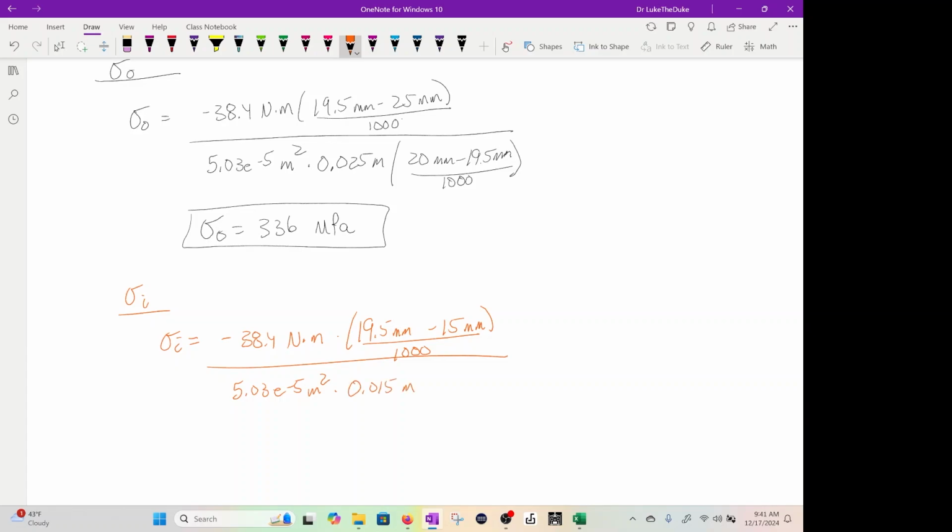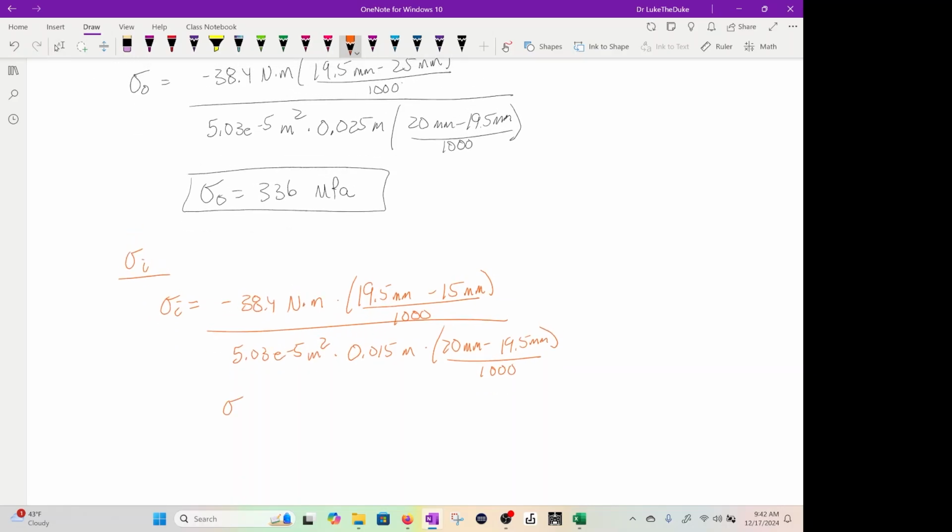I converted that to meters. Then 20 millimeters minus 19.5 millimeters, divided by 1,000 to convert it to meters. And sigma I becomes negative 459 megapascals. And again, my Excel will be slightly different because I'm rounding.